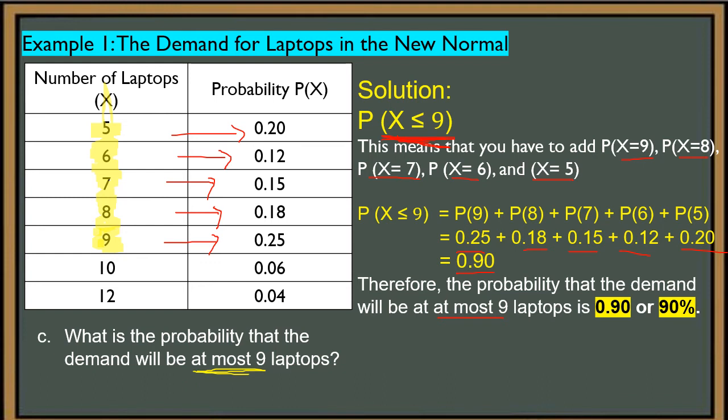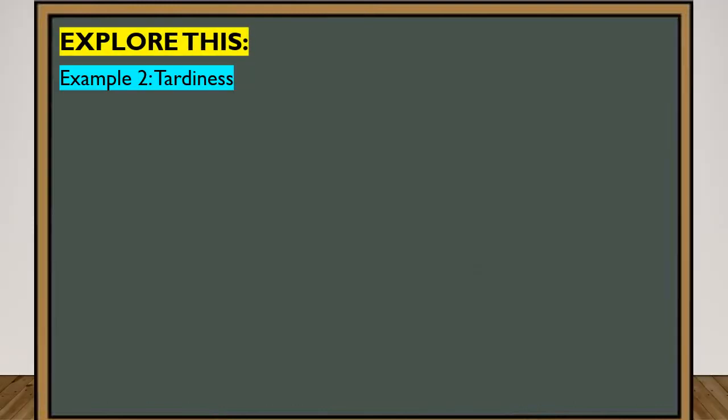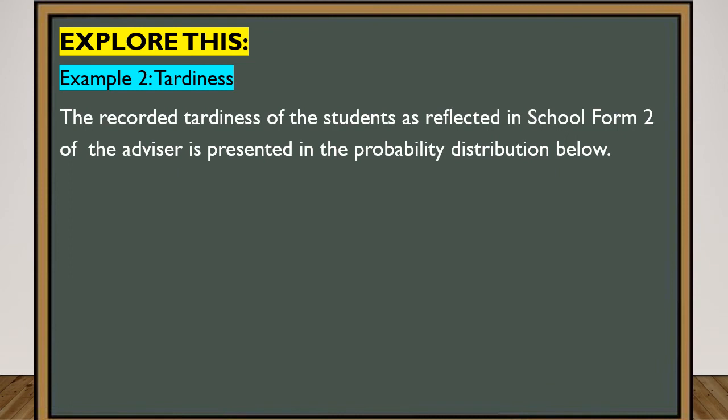Clear? Do you understand? Okay. So explore this. We'll have example number 2 for you to understand better. So tardiness. By the way, what does tardiness mean?